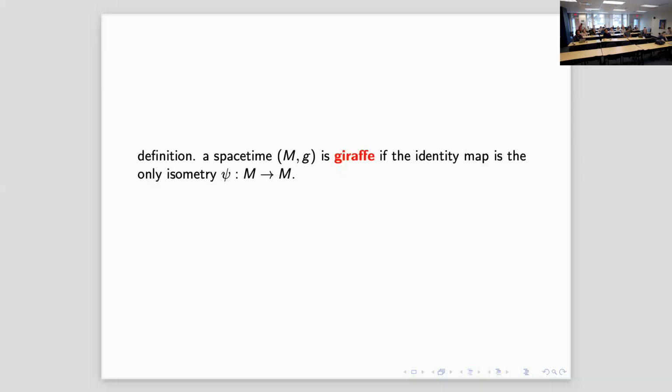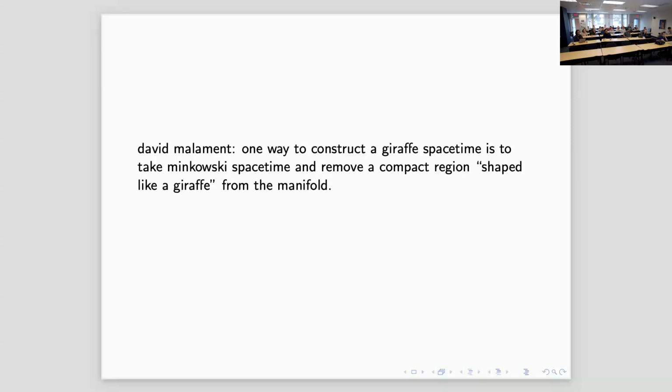Okay. So these have various names. We chose the name giraffe because over many years of conversations with David Malament, he suggested one nice way to construct a giraffe spacetime.